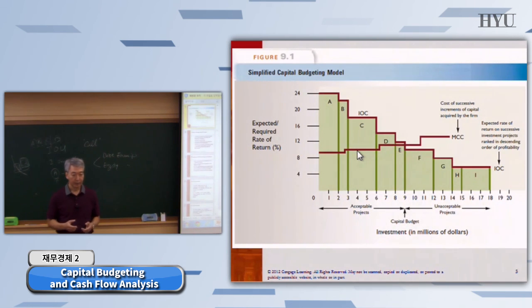After that, if they need more money, unfortunately, let's say right now they can sell the bond only up to $2.75 million.